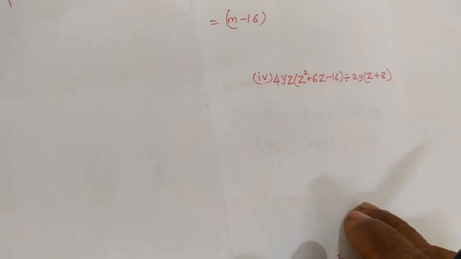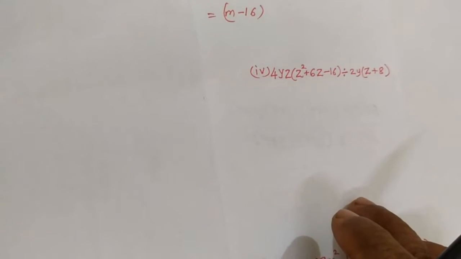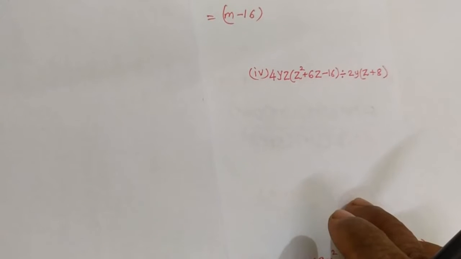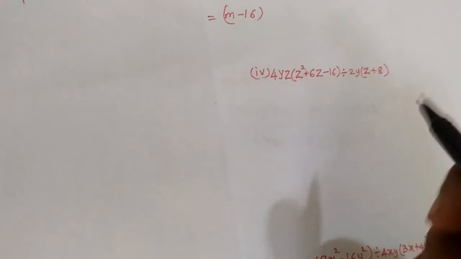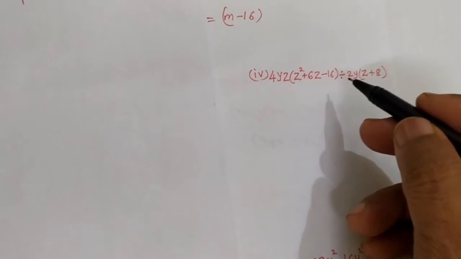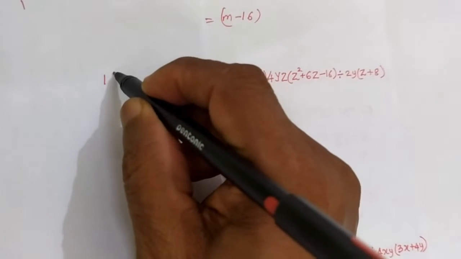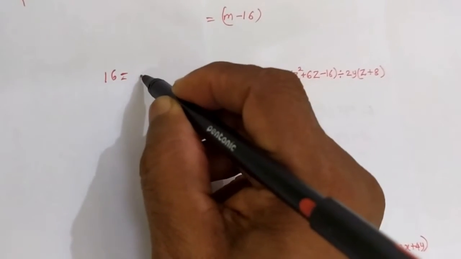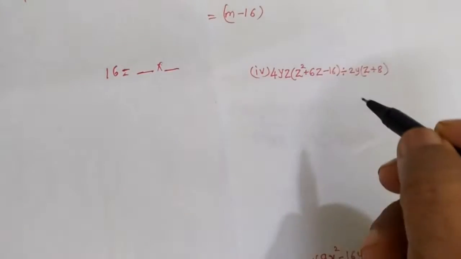Next: 4yz into z square plus 6z minus 16, and this is divided by 2y into z plus 8. So what number should we get? We should get 16. We have to get 16, multiply two numbers, you get 16.